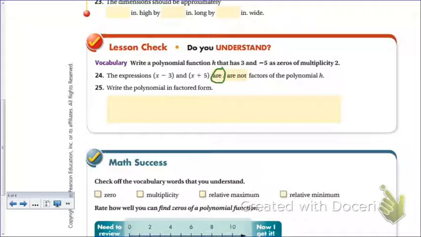But multiplicity of 2 means that I'm going to have 2 of each one. So I would have a polynomial function h of x equals 2 x minus 3's and 2 x plus 5's. And it just said to write it in factored form, so you can just leave it like that. You don't have to multiply it out.